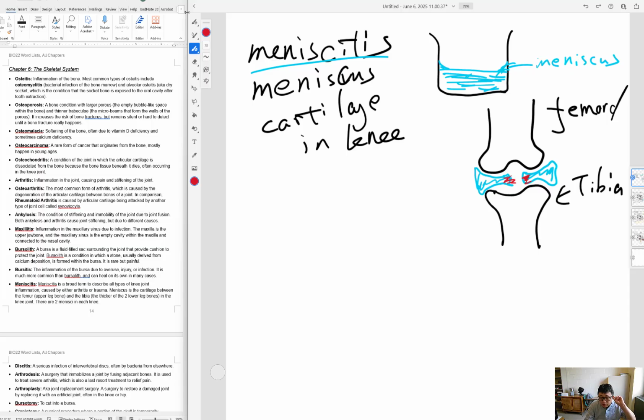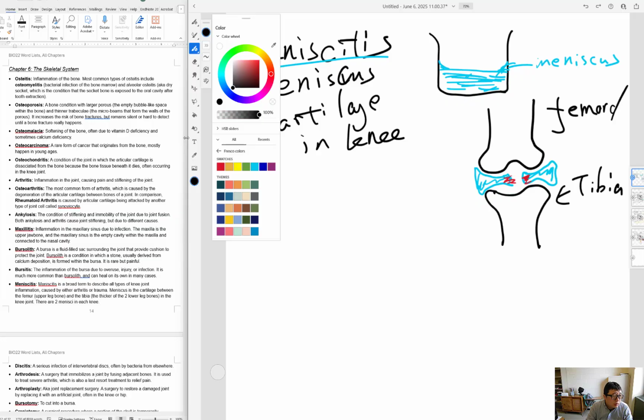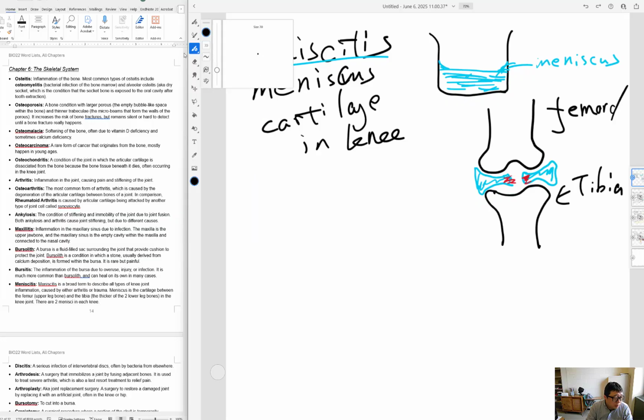For example, if you just damage your ear cartilage, it's very unlikely to develop any type of inflammation because there's no blood supply, no inflammation. The reason the meniscus can develop inflammation, meniscitis, is because the blood is there. So if you damage the meniscus, there may be inflammation due to the presence of blood vessels. That's the whole thing here.